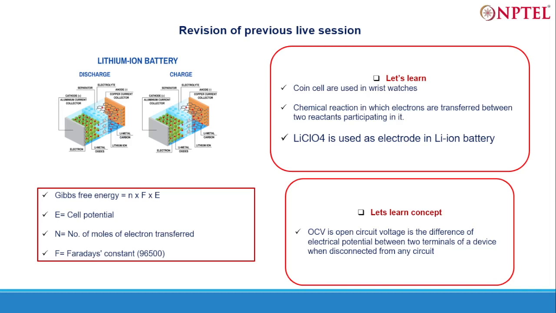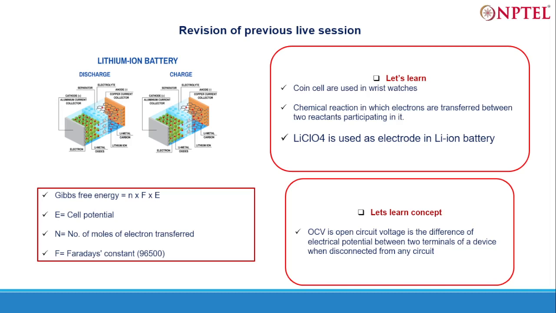Basically, these electrodes are made up of graphene layers, and also lithium compounds like LiClO4. These are some of the compounds of lithium which we use to make electrodes for this battery. And there is an electrolyte in between these two electrodes and a separator membrane in between the two electrodes.